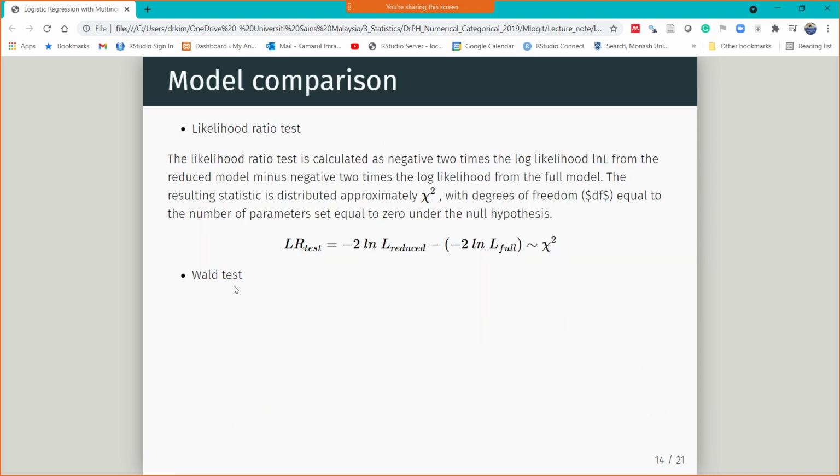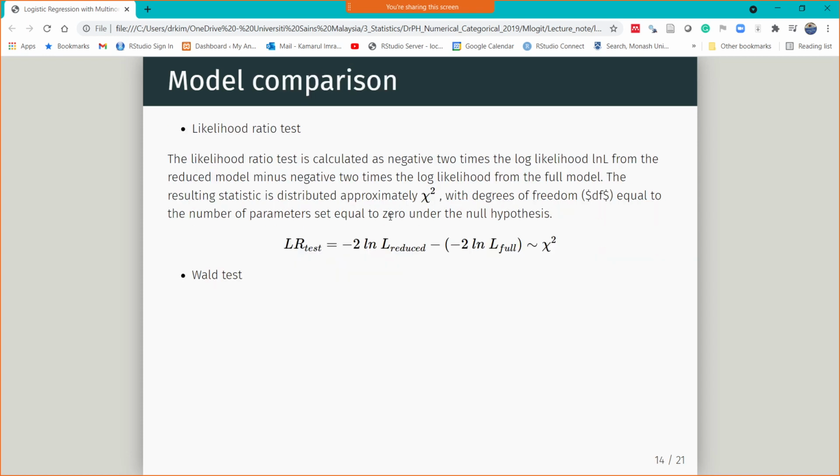However, the limitation of Wald test is that it is significantly affected by the number of samples. Okay, if you have a small sample in your data, then the Wald test easily changes, so they are not that stable.